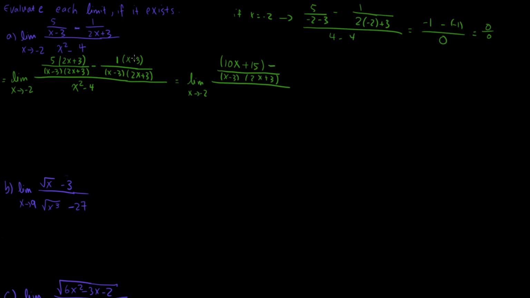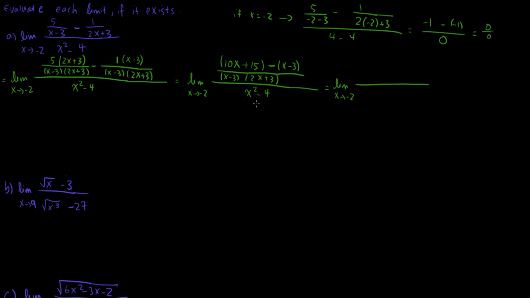And then minus 1 times x minus 3, which is just x minus 3. Keep in mind that this minus is going to get applied to both things inside the bracket, not just the first. And this leaves you with the limit as x approaches -2. Now, you have a fraction up top, and then the whole thing is divided by something at the bottom.